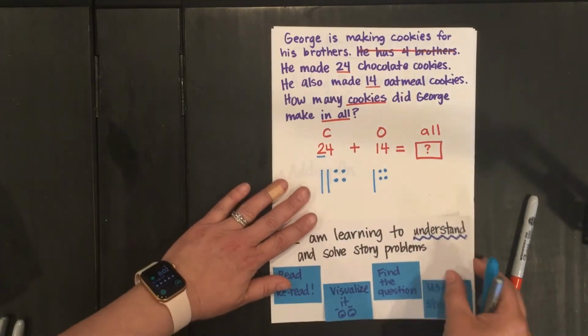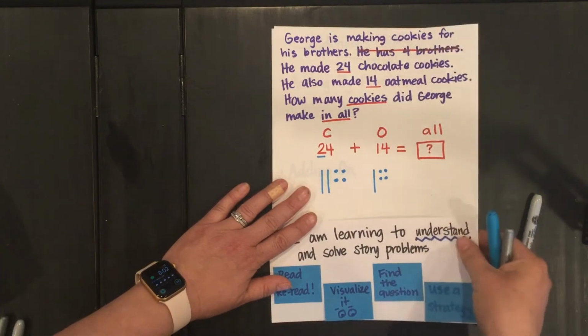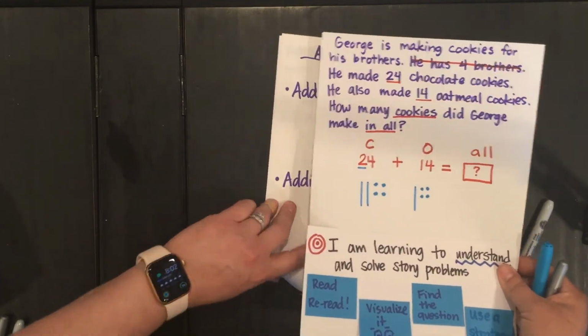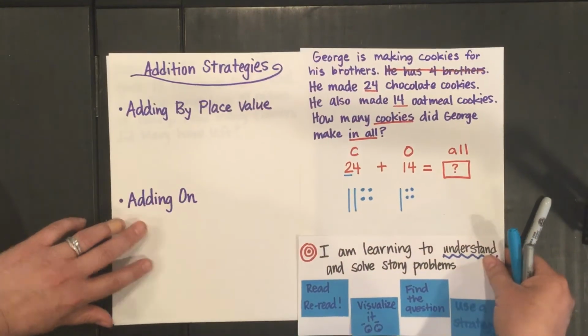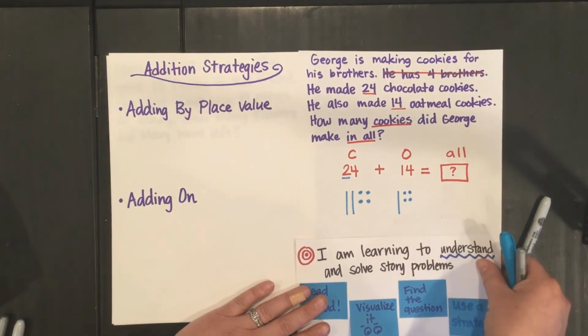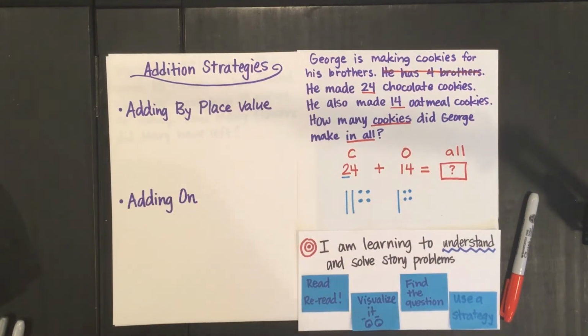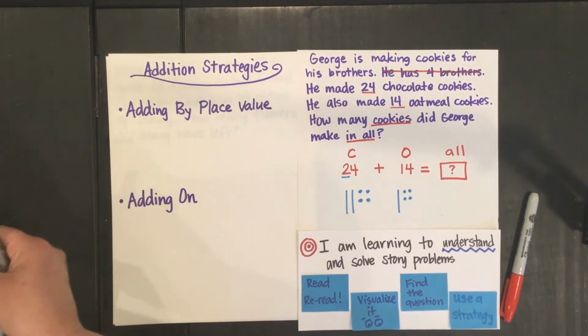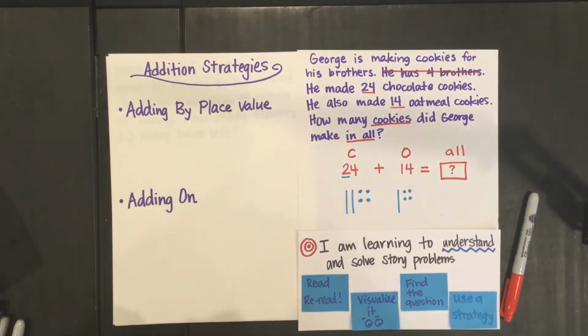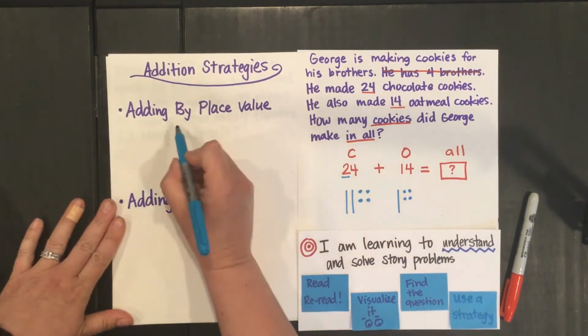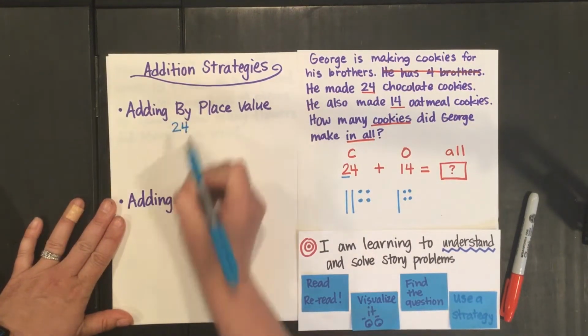So I am going to now show you 2 very popular addition strategies that 2nd graders use to solve tricky problems like George and his cookies. The first one is we use a strategy in our classroom called adding by place. I'm going to rewrite that equation over here just so we have it in both places.